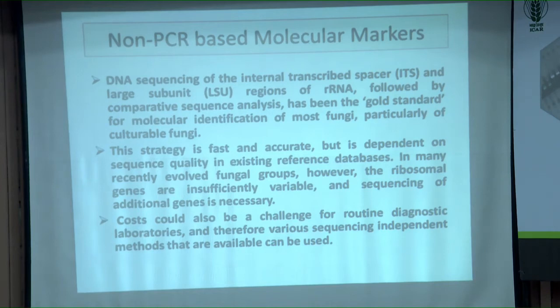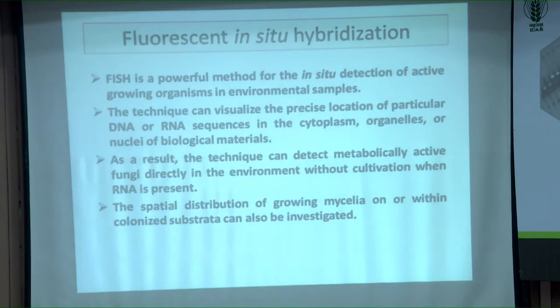Sometimes, for all these non-PCR based or PCR based markers, the cost benefit ratio you have to take care of. Some of the non-PCR based markers, one is FISH, the fluorescent in situ hybridization method. FISH is a powerful method for the in situ detection of actively growing organisms in environmental samples.